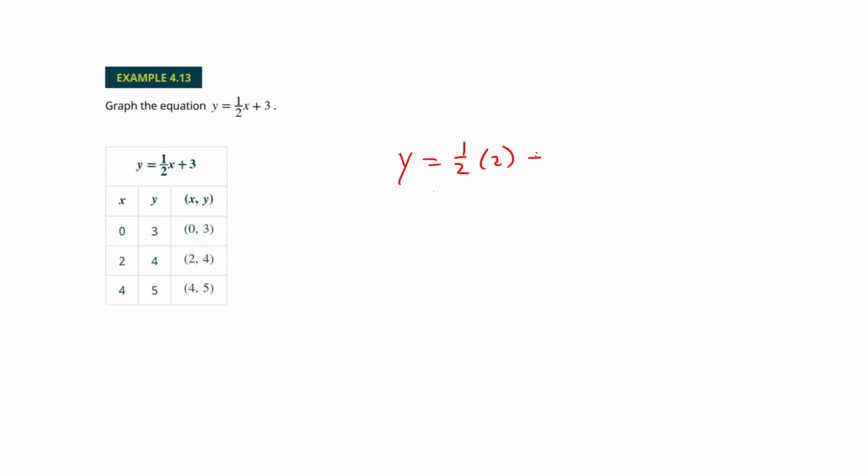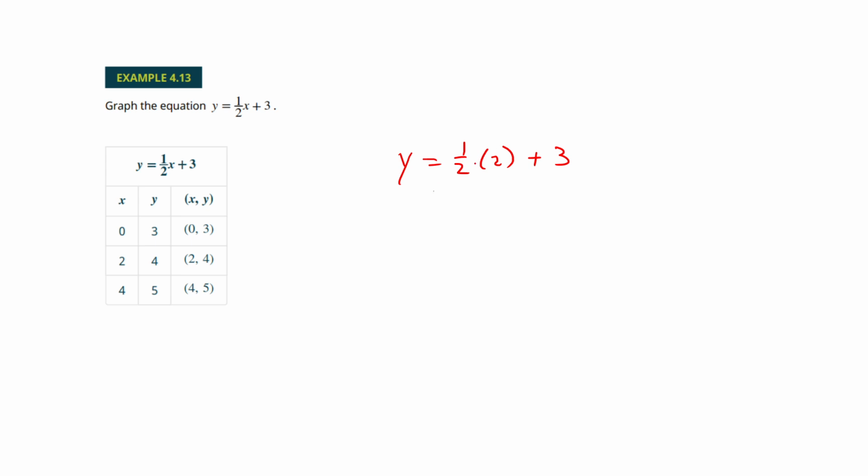All right, so the math got a little harder. Let's see what they did. Yeah, they did the trick I would do. Now, look what they've done. They filled in the whole table, but we could pick our x's. We're going to pick even numbers for x. And the reason is, look what happens if you pick 2.